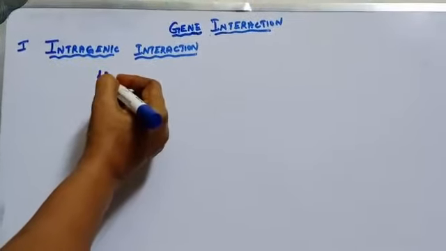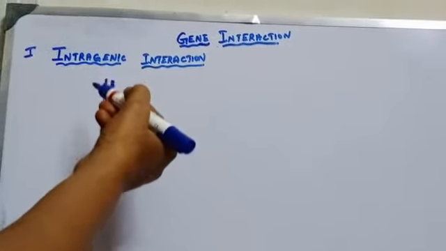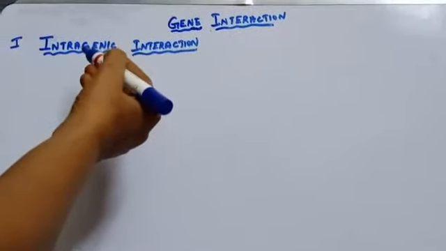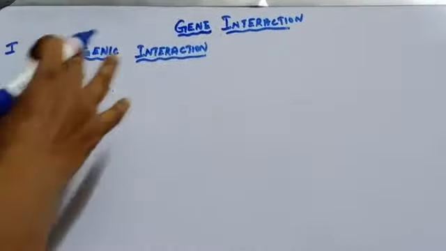Same gene locus on which chromosome? Homologous chromosomes. And then these react with each other in such a way they produce an expression different from normal dominant recessive phenotype. I'll repeat again.